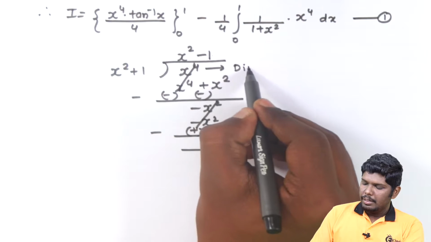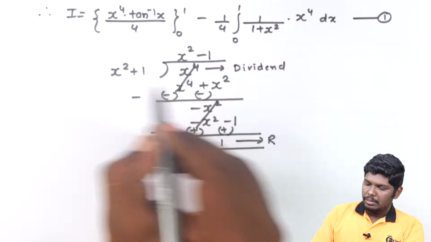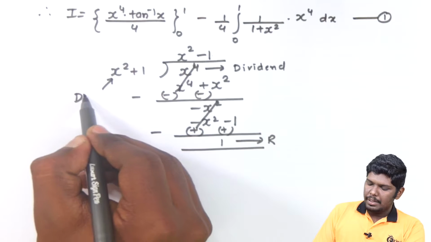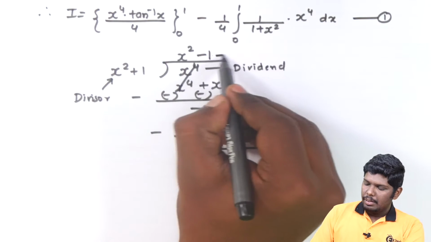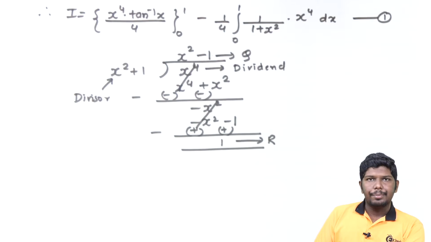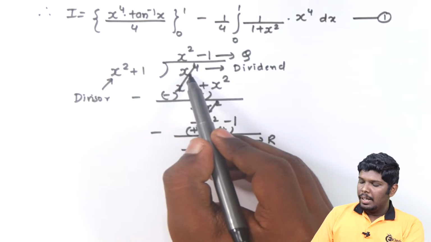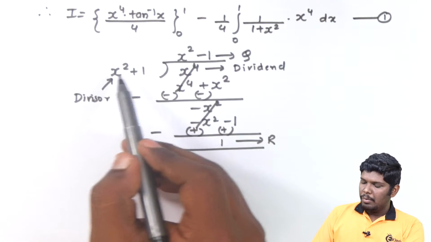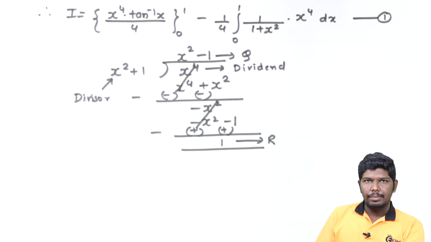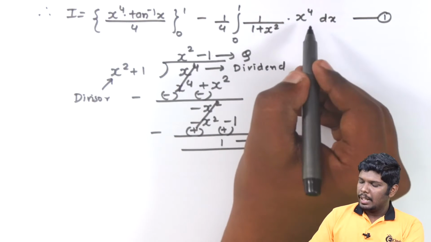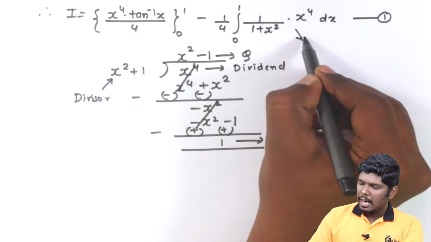This is our dividend. x square plus 1 becomes the divisor, while this is our quotient. Therefore, we can write the dividend x raised to 4 as divisor into quotient plus remainder. Also, you can consider this integral as I1.